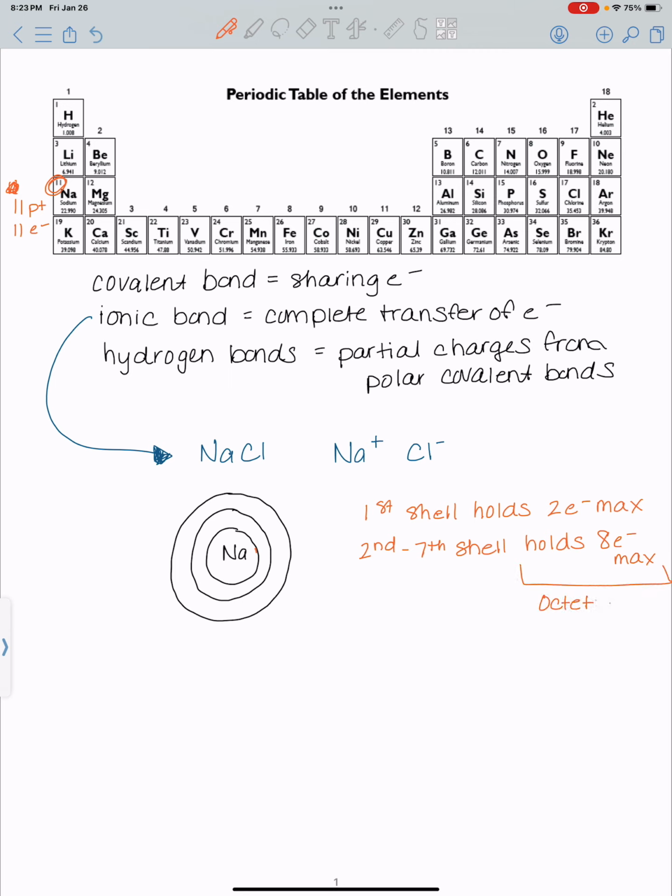Okay, so we found sodium. We looked at the periodic table, and it has 11 protons. There's no charge on this one, so we have 11 electrons as well. We're going to fill according to these rules. We put 2 electrons in the first energy shell, because that's the max it can hold. The next one can hold 8, and we're trying to get to 11: 1, 2, 3, 4, 5, 6, 7, 8.